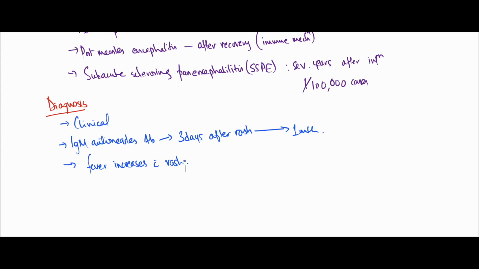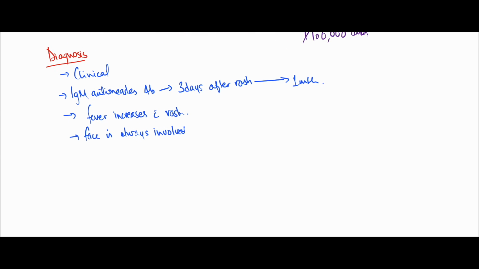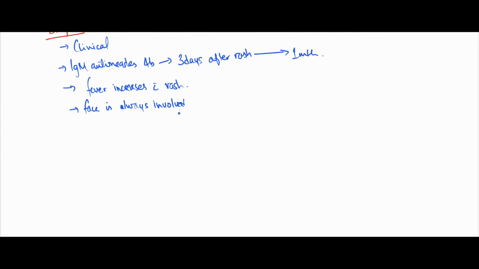In rickettsial infection, the face is spared, while it is always involved in measles. In meningococcemia, the upper respiratory symptoms are absent and the rash rapidly becomes petechial.